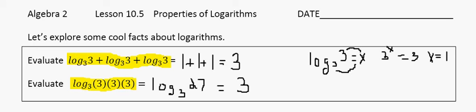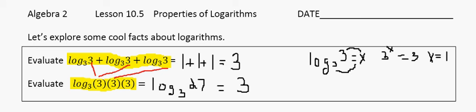Take a look at what we've done here. We've taken the arguments. Remember, the arguments are what are inside our logarithm. Instead of having 3 separate arguments, we took these 3's and brought them together under one logarithm where we multiplied the 3's. This is called condensing the logarithms. We took 3 logarithms and condensed them into one.